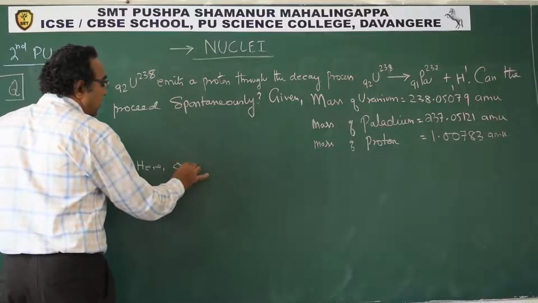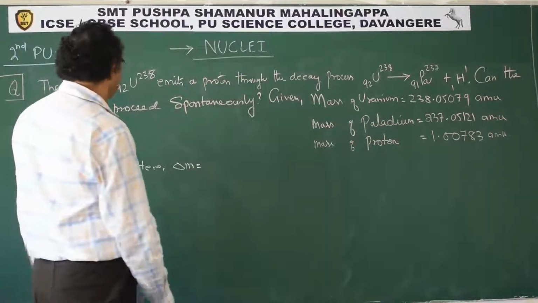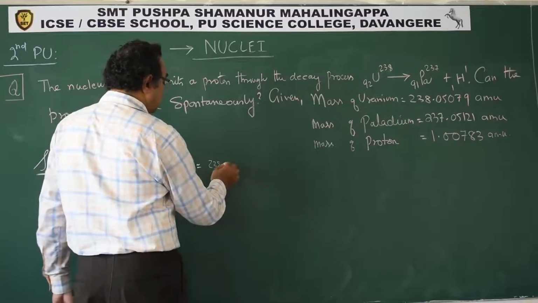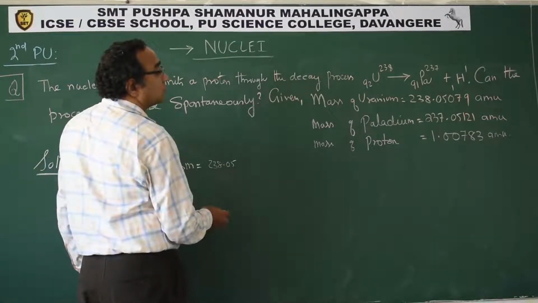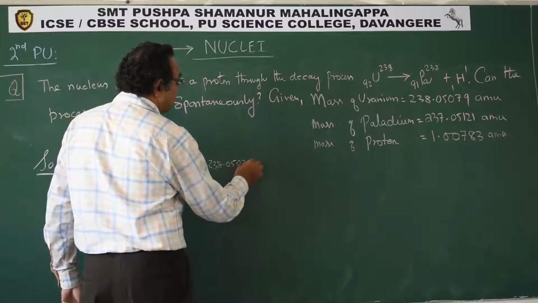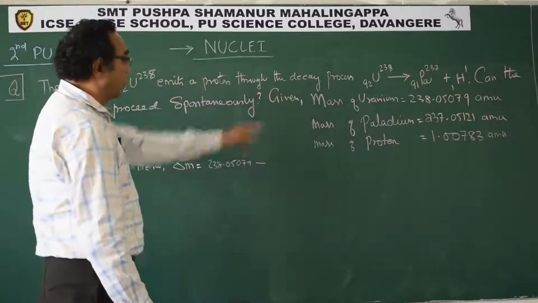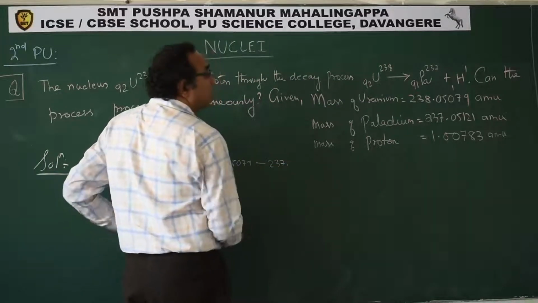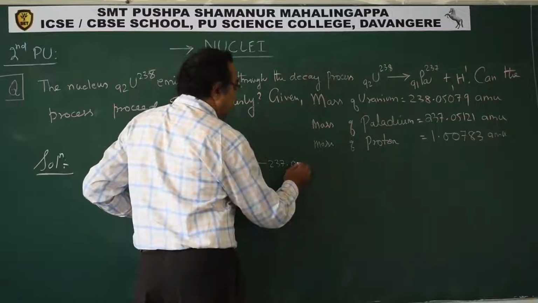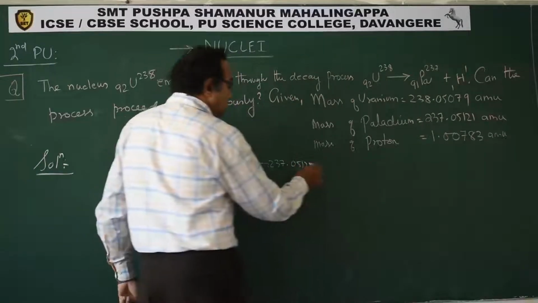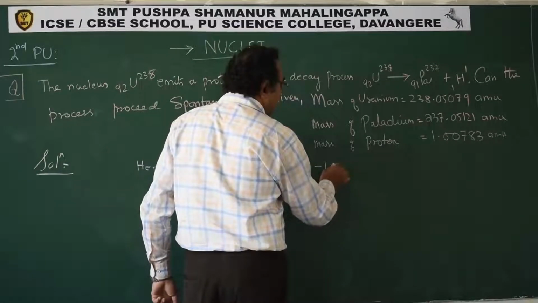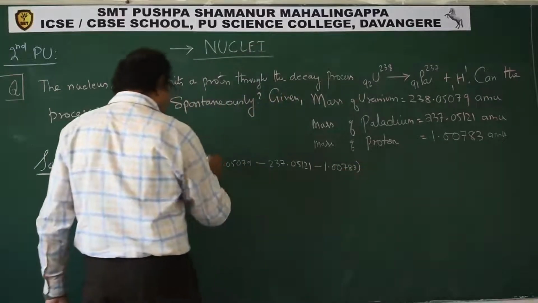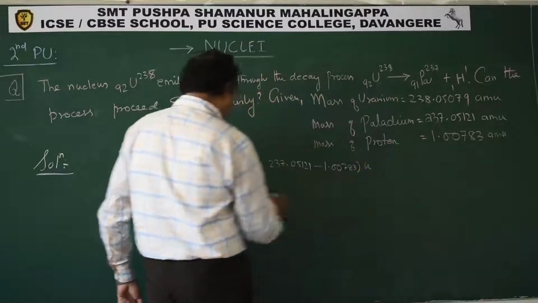Here delta M will come out as 238.05079 minus what the products are: palladium 237.05121 minus mass of proton 1.00783.